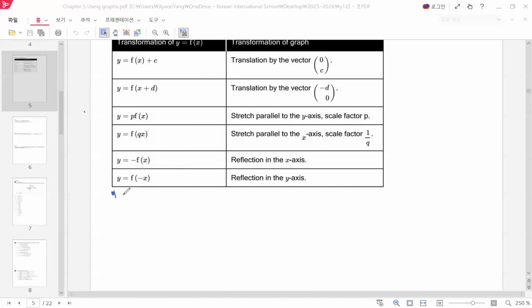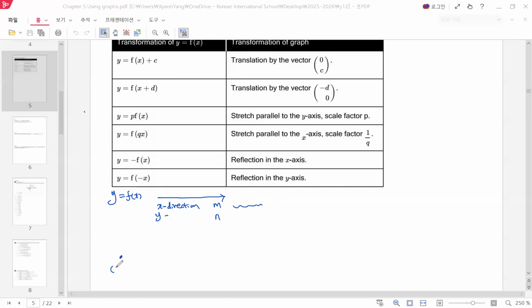So if there is a function y equals f(x), I want to find a new equation after it is stretched in the x direction horizontally by the factor m, and in the y direction vertically by the factor n. What is the new equation? Okay, let's start from this one.